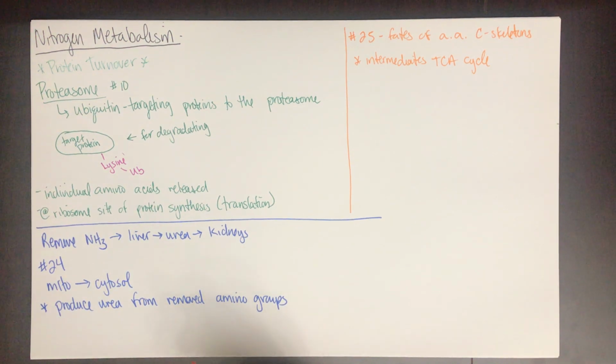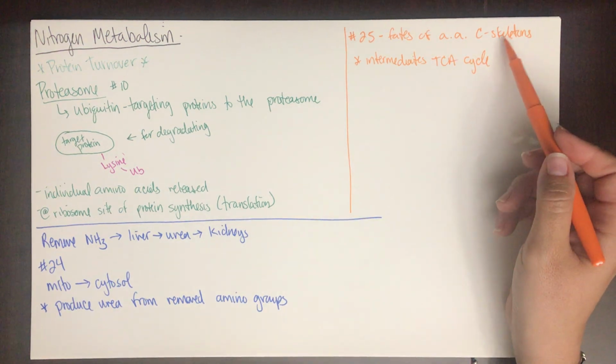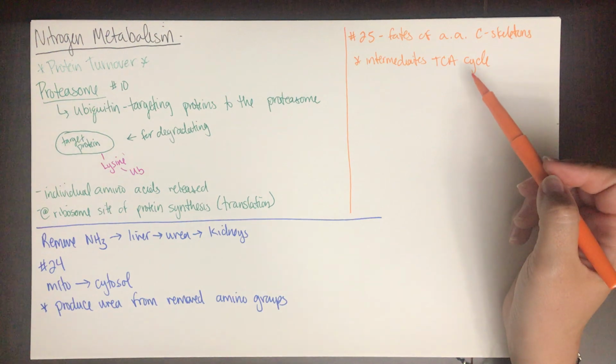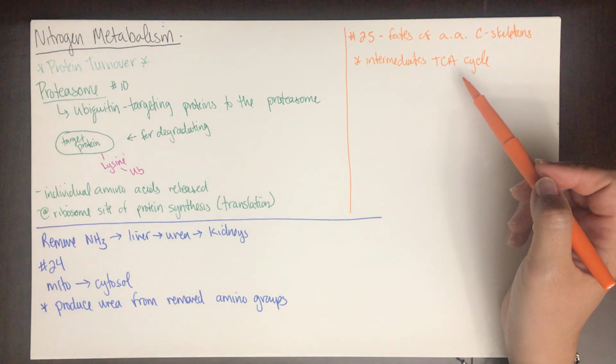And then also on that slide, there's some purple that can undergo both. So you are not responsible for which amino acid falls into which category, just that the carbon skeletons of the amino acids are then used as intermediates in the TCA cycle.